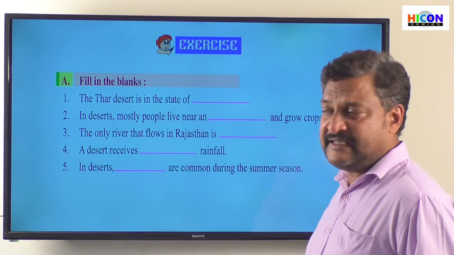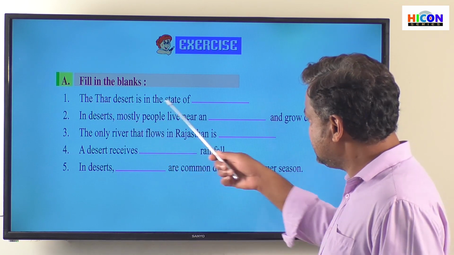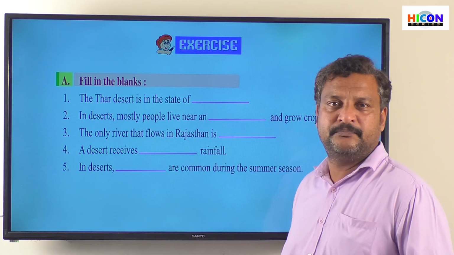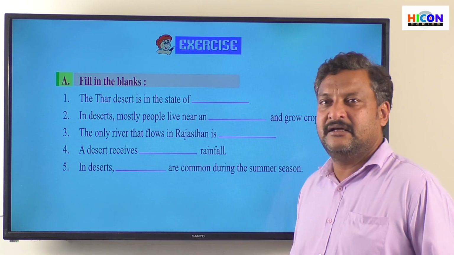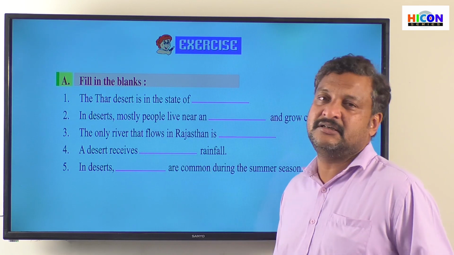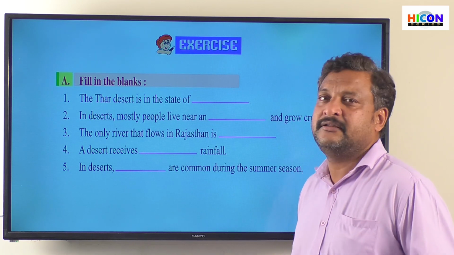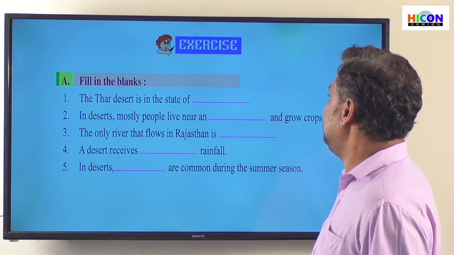There are five sentences with a blank each, and we need to read these sentences one by one, check with what we have learned regarding the same in the lesson, and based on that, complete these blanks. That's the task. We need to read these sentences.